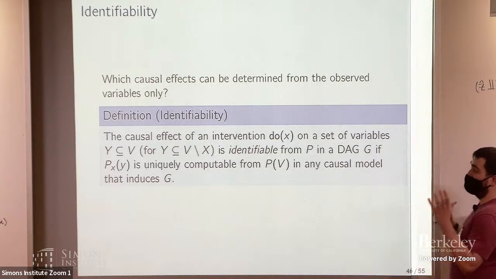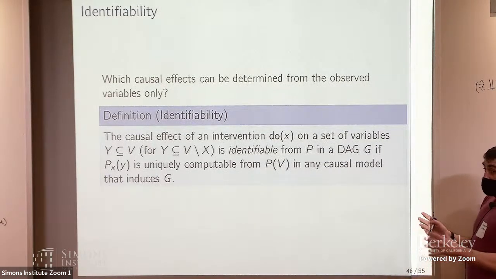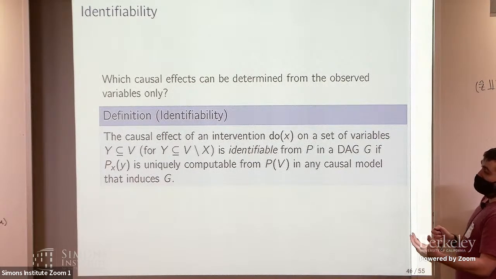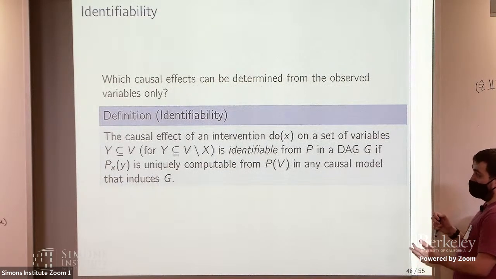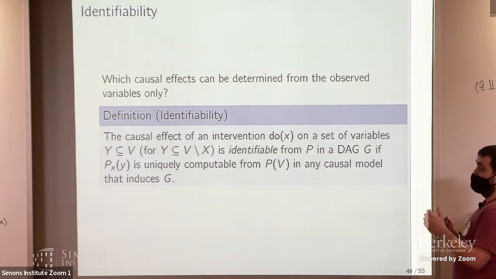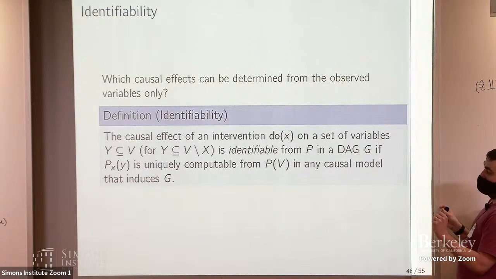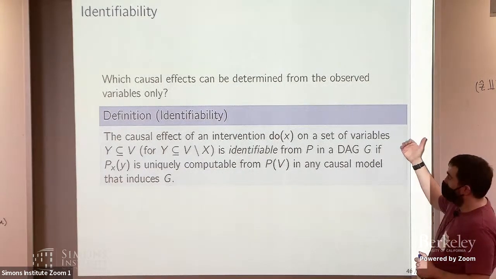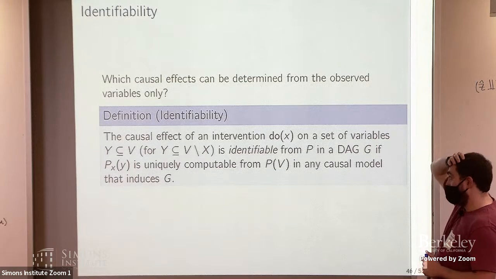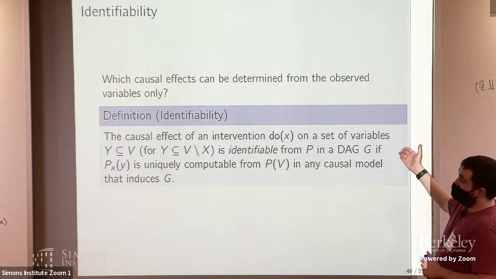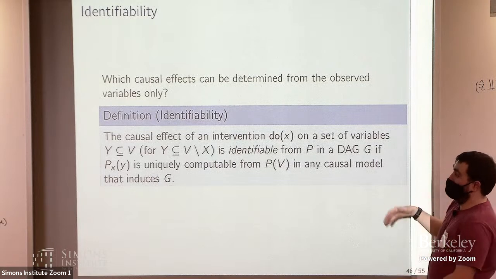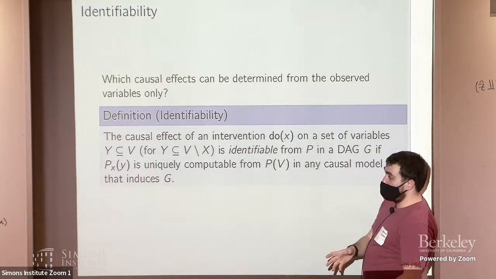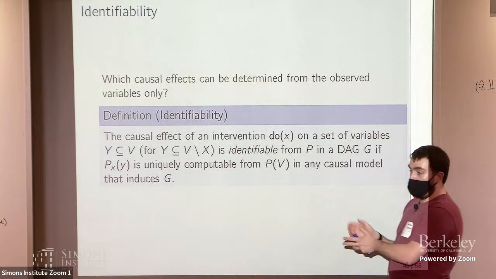So you have only access to the distribution over observed variables and a DAG which comes from a causal model with those observed variables, in a DAG with bidirected edges. The question is, can you compute the interventional distribution from the observed variables and the graph?